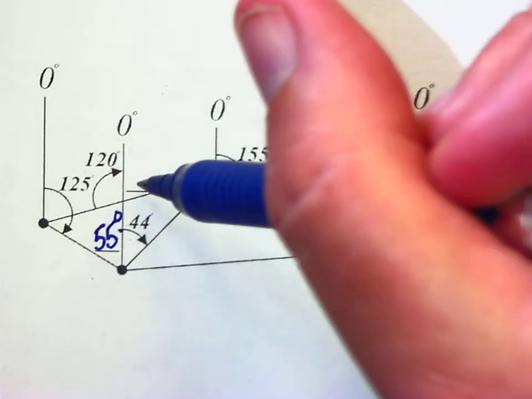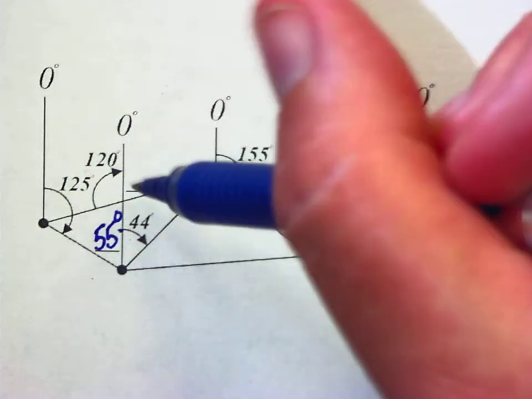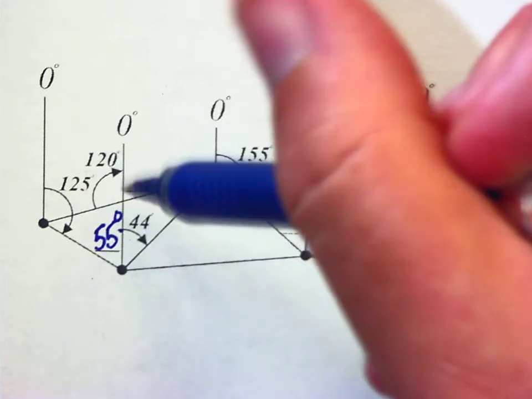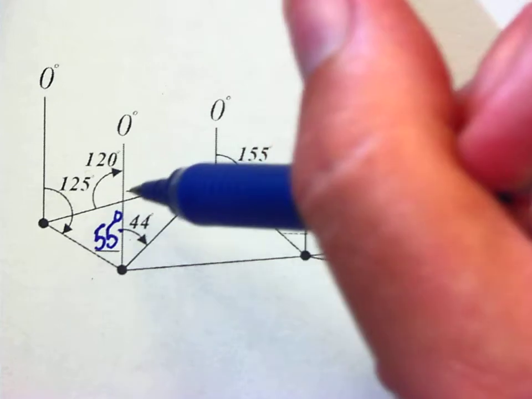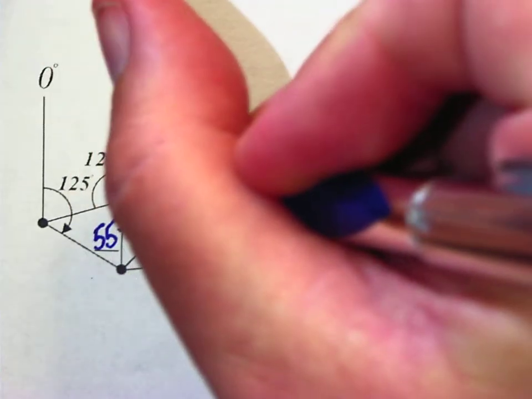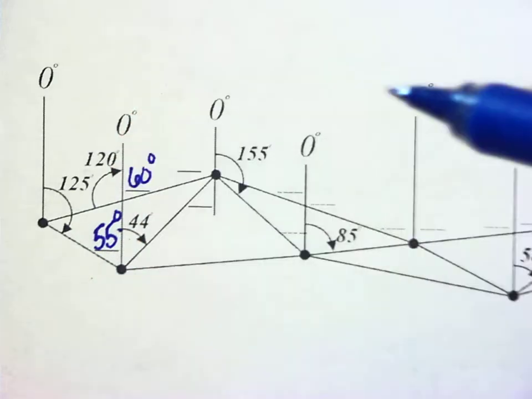Now, in this angle here, these two angles are on a straight line with this line cutting through them. These have to add up to 180. With this being 120, this angle is 60.